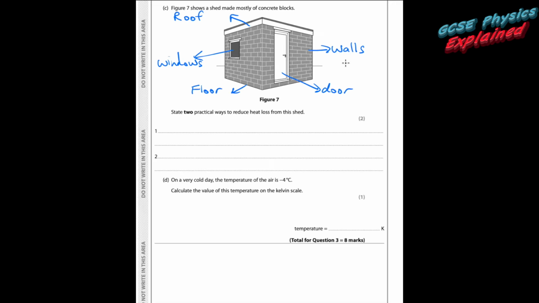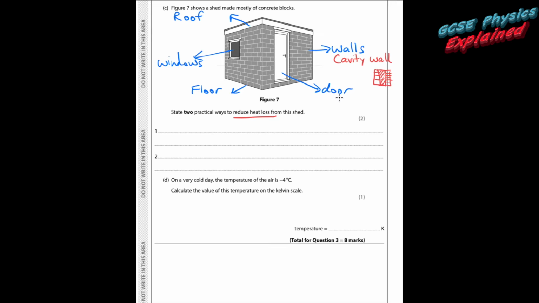Right, so from the walls, how do you reduce heat loss? Cavity wall, which is basically a wall on the outside, then a little gap, and then breeze blocks on the inside. And this little gap here is the cavity. Remember, if you go to the dentist's with a gap in your tooth, that's a cavity.